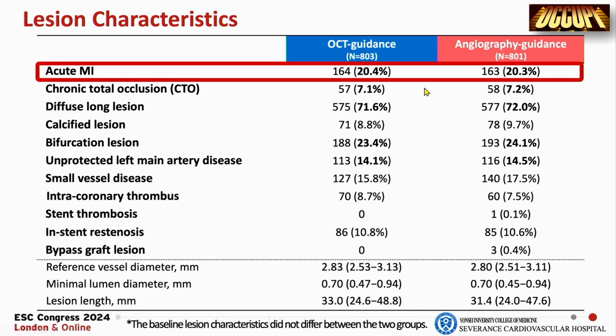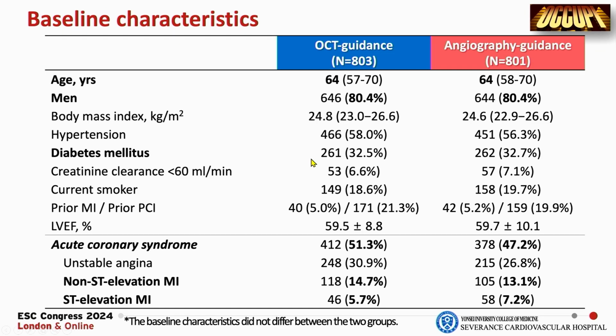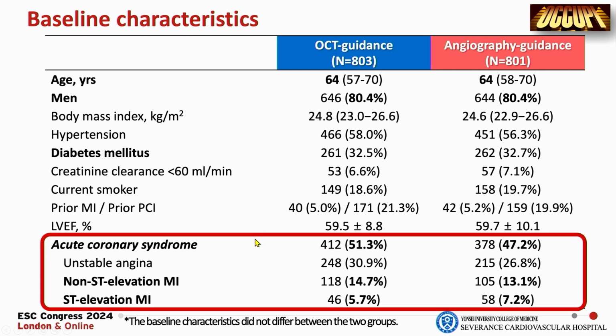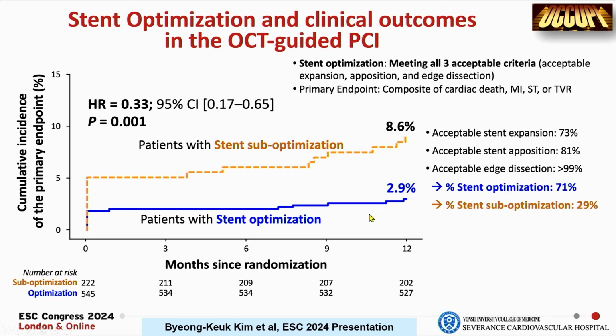They collected about 20% acute MI in these patients, and also included CTO, diffuse long lesions, bifurcation lesions, and also protected left main artery disease. They enrolled patients with acute coronary syndrome, about 50% in each group, including unstable angina, about 30%, and MI about 20%.